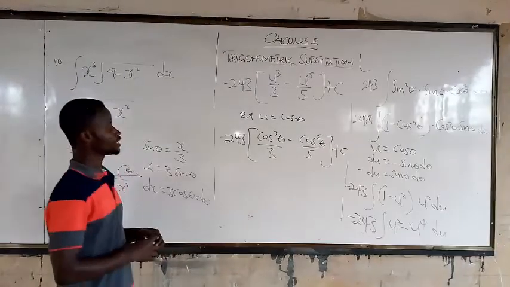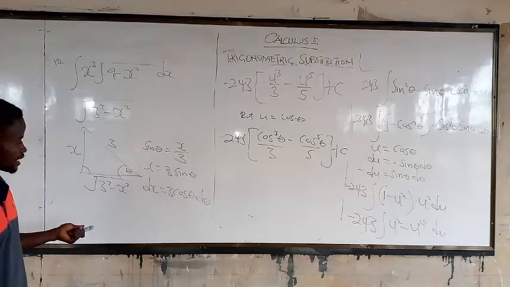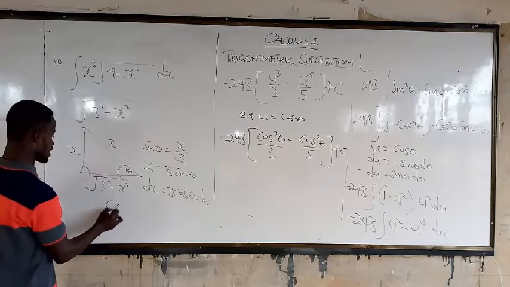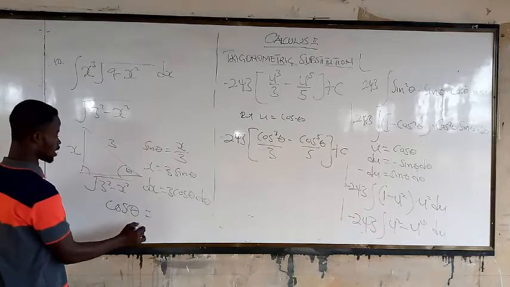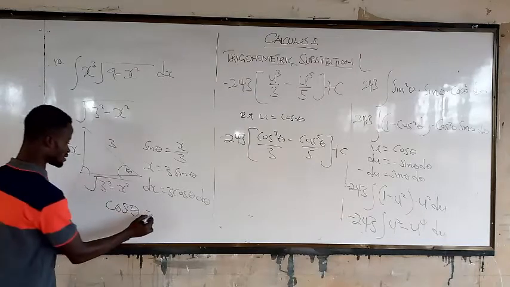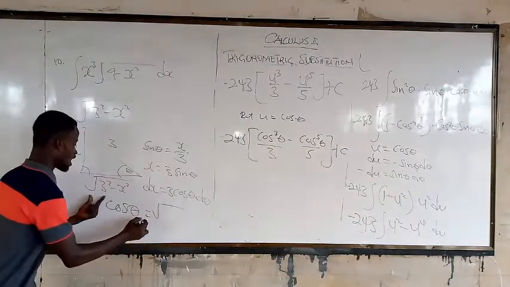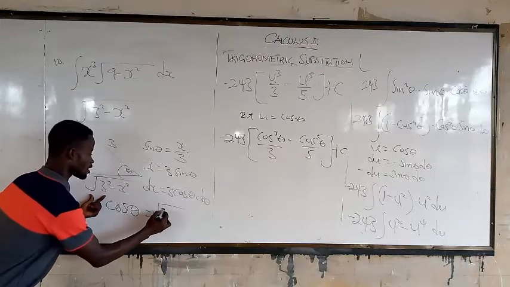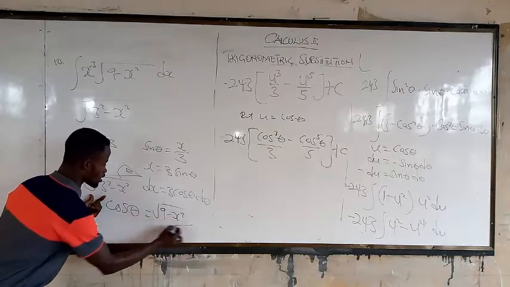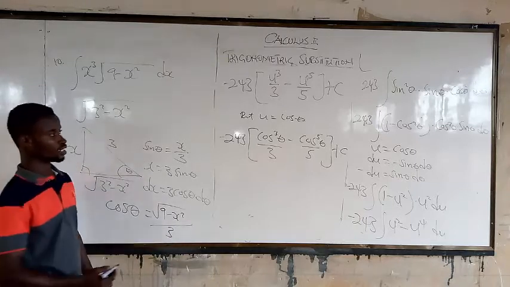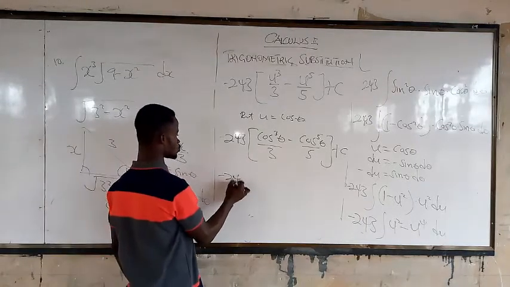So we need to transform back to our x's. So we need to bring out cos. With this, we know that cos theta is going to be what? Adjacent, which is square root of 9 minus x squared over the hypotenuse, which is 3. So with this, negative 243.